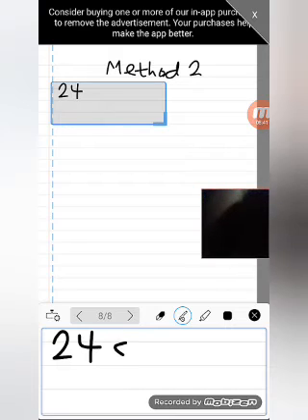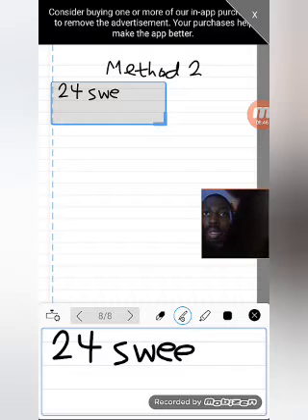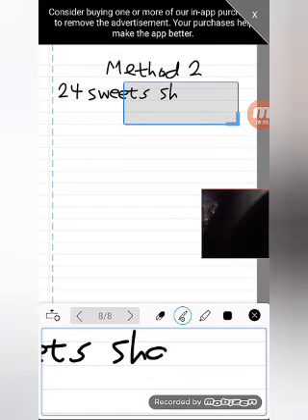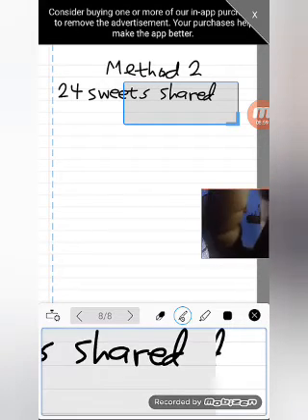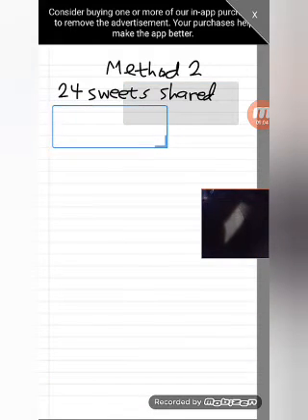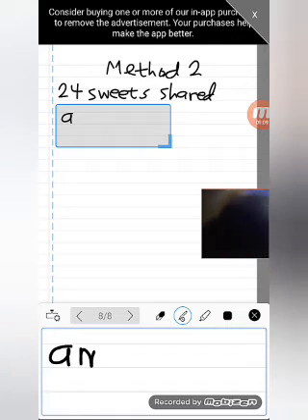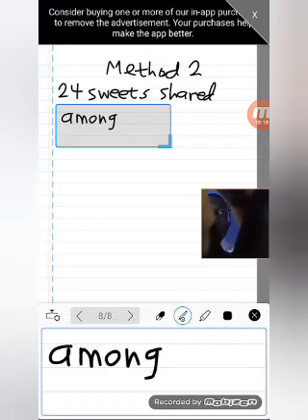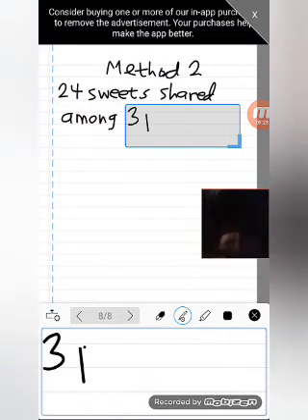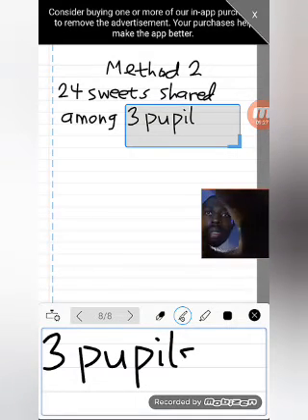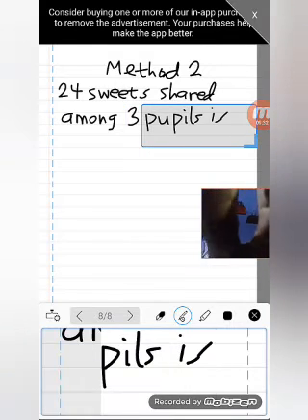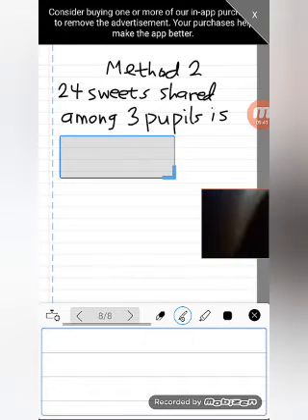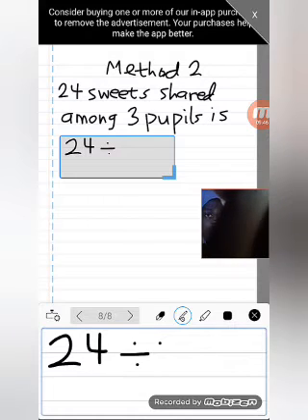shared among 3 pupils is 24 divided by 3.